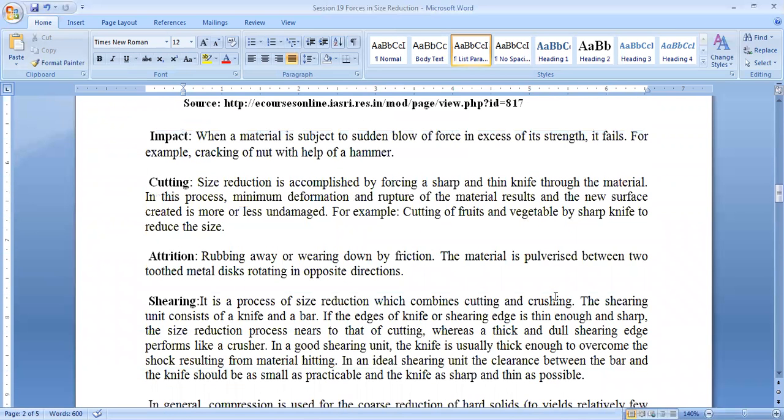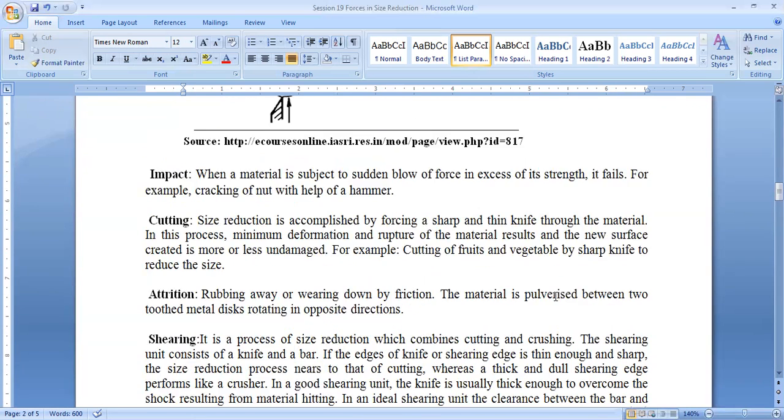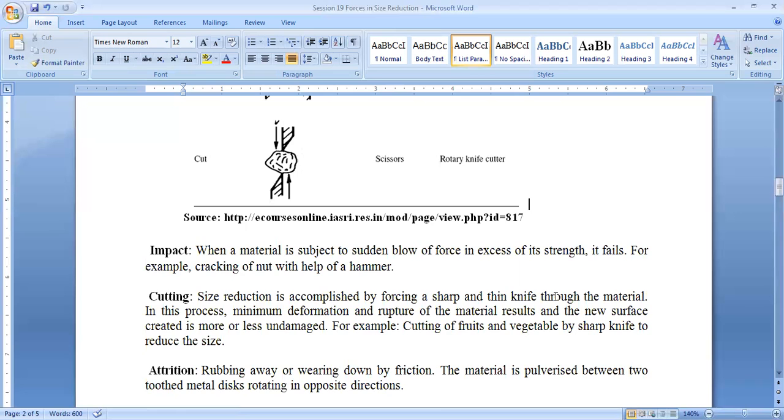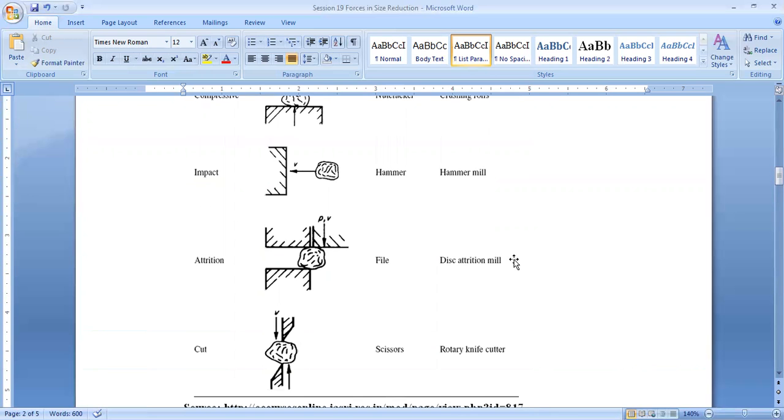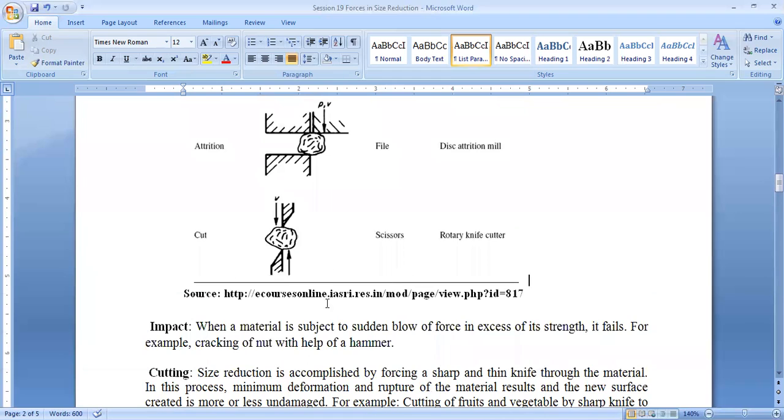Actually, you see these equipments in your day-to-day life, but you are not able to recognize them. You have seen grinding mills, ball mills, hammer mills, attrition mills, crushing rolls, knife cutters and cutting machines. They all are around you, since you are a food processing student, and you might have seen them in the laboratories and in processing plants when we go for a visit.